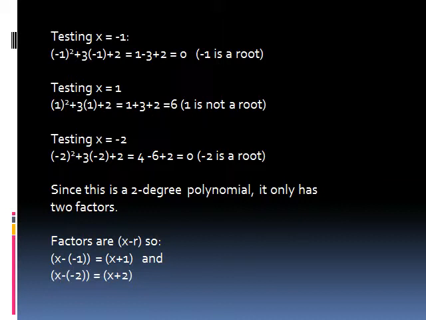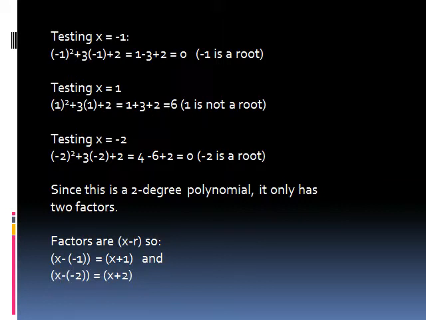Now let's look at x equals minus 2. When we plug this into the formula, we have minus 2 squared plus 3 times minus 2 plus 2. This equals 4 minus 6 plus 2, which equals 0. So therefore, minus 2 is a root. Now, a 2-degree polynomial only has 2 factors.